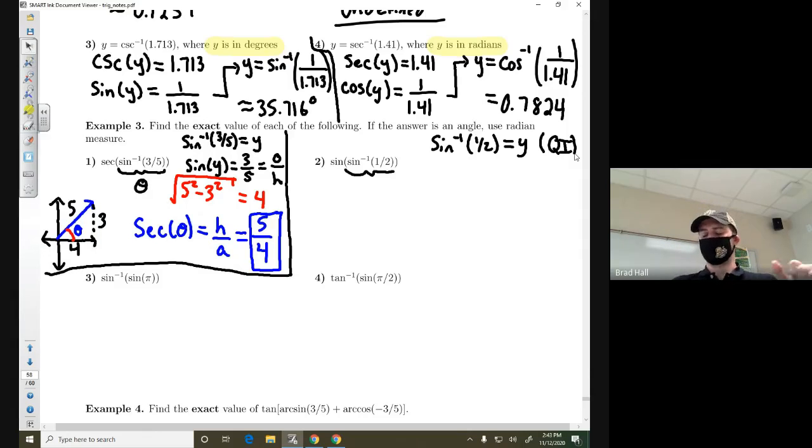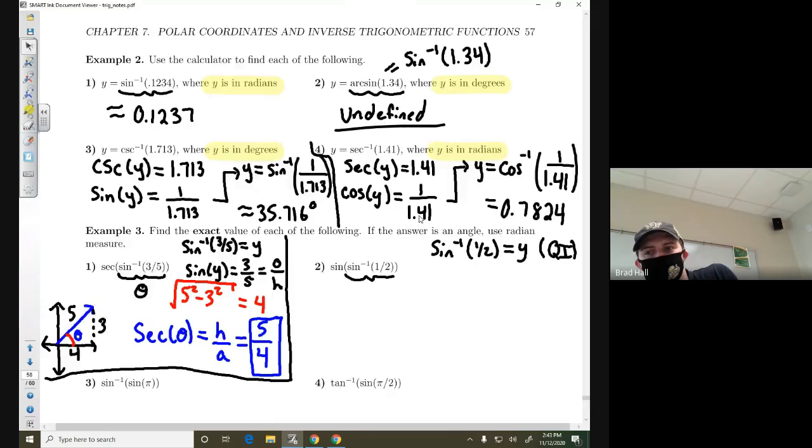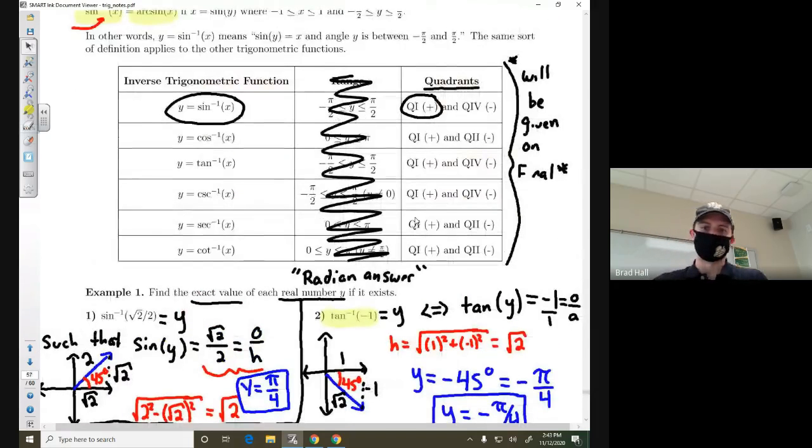We can already figure that out from this step alone because we have sine inverse of a positive. If we look at the table, anytime we're taking sine inverse of a positive, that's where we end up: quadrant 1, every single time. That makes things a little bit easier.